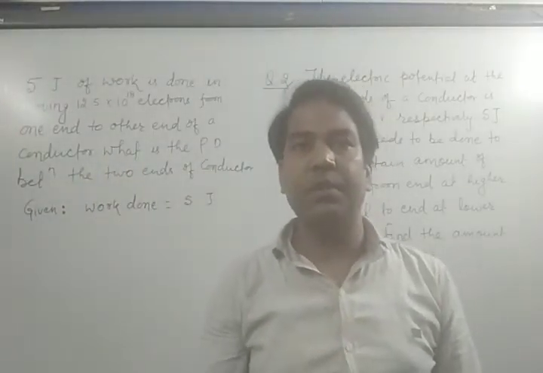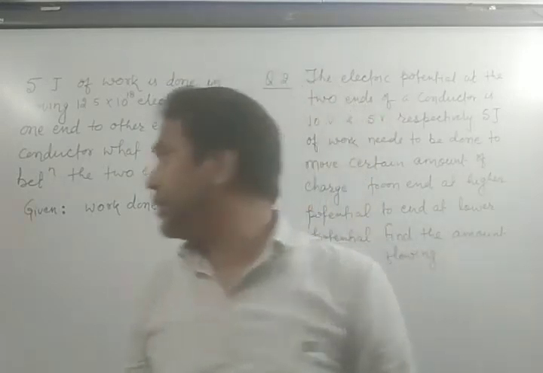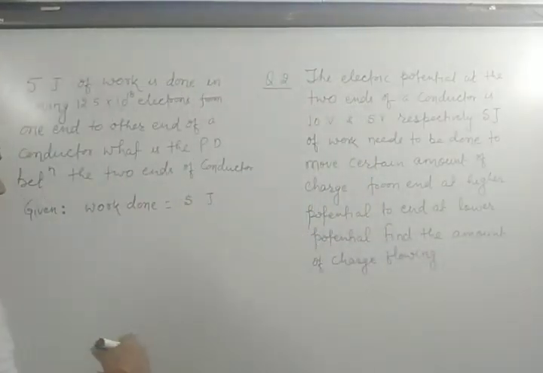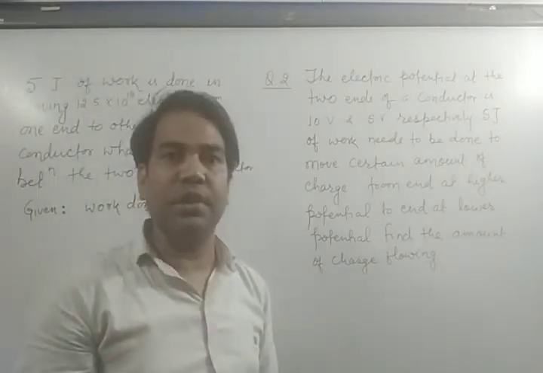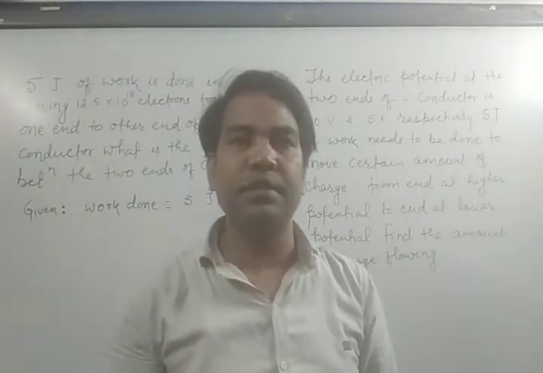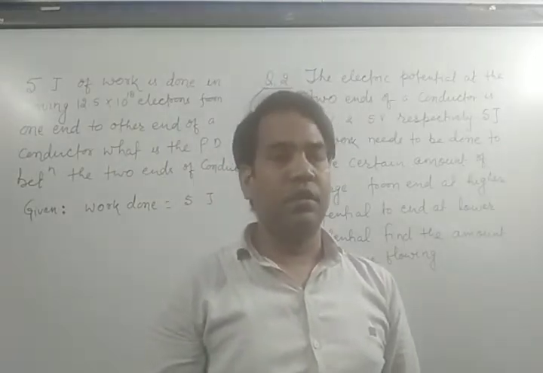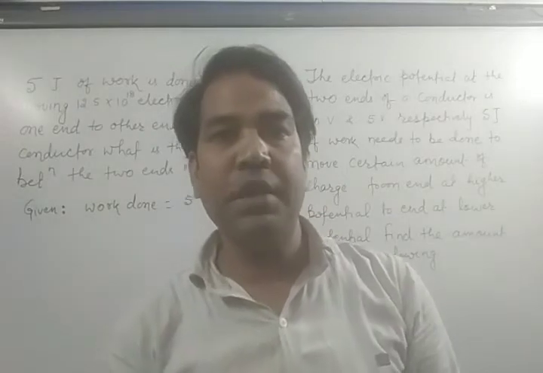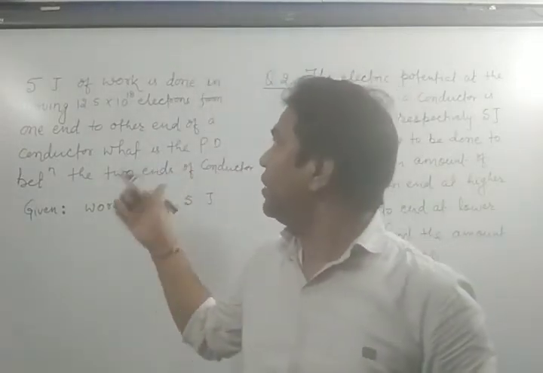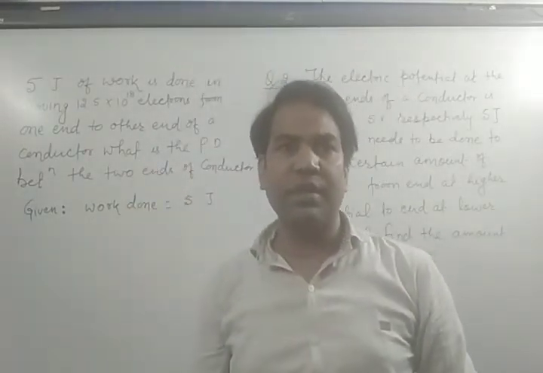Potential difference between the 2 points. So how can we find it? We have a formula for potential difference. PD is equal to W by Q. But we do not have the value of charge. Is the value of charge given?